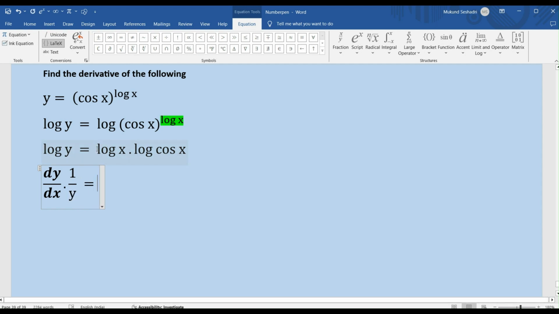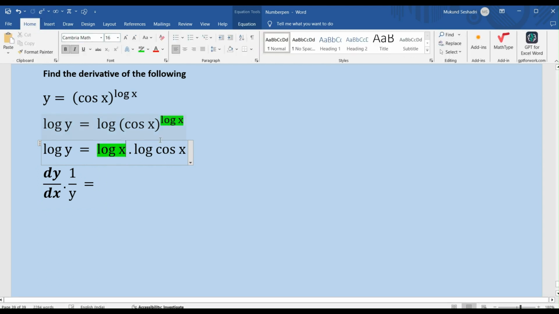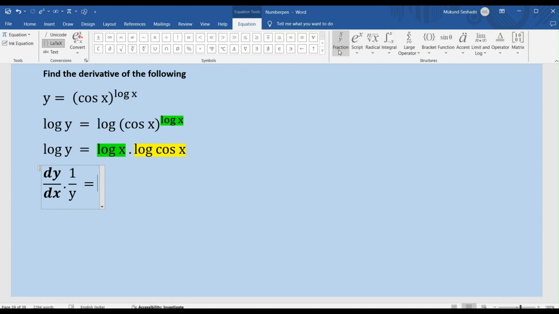And my RHS I'm quite familiar with. I'm going to apply the product rule for log x times log of cos x, right? So let me highlight log x in green and log of cos x in yellow. So I'm going to apply the product rule. d by dx of log of x is nothing but 1 by x, right?